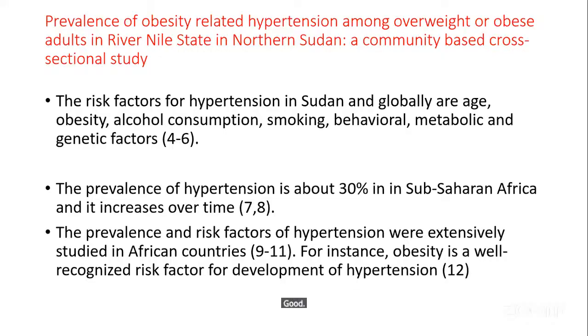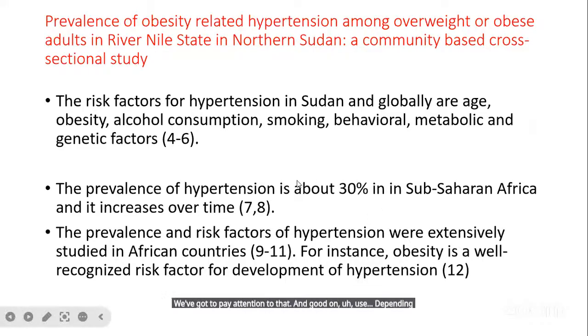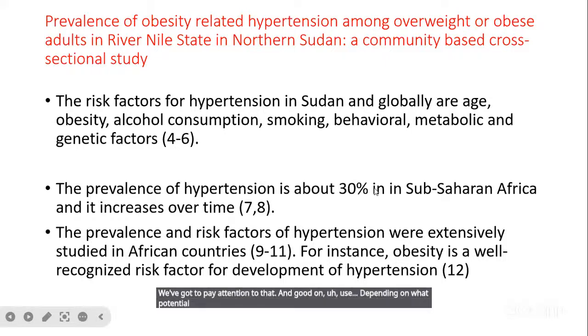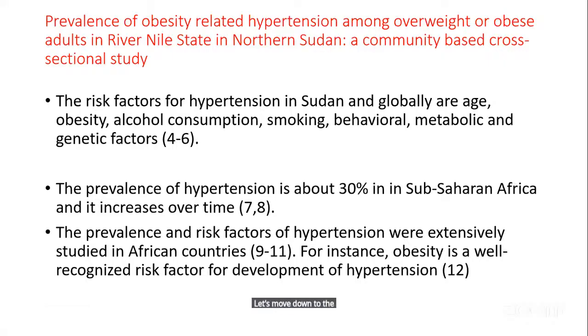You see that this person has started globally. The prevalence of hypertension is about 5% in sub-Saharan Africa, so it has moved down to sub-Saharan Africa, and it increases over time.